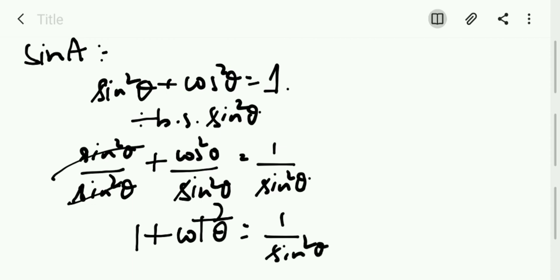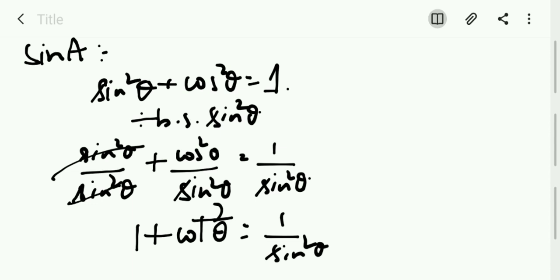You might say 1 by sin square is nothing but cosecant square, but please make sure you're not taking it. Or else you can just directly start with 1 plus cot square theta is equal to cosecant square theta, where cosecant square theta is nothing but 1 by sin square theta. You can do it in that way or in this way as well.